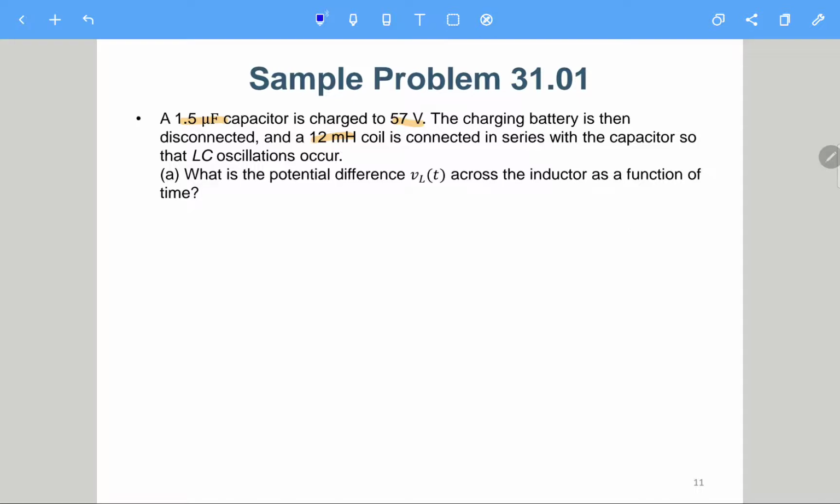So this circuit is like LC in series. I don't think we have a battery here, so it should be like this.